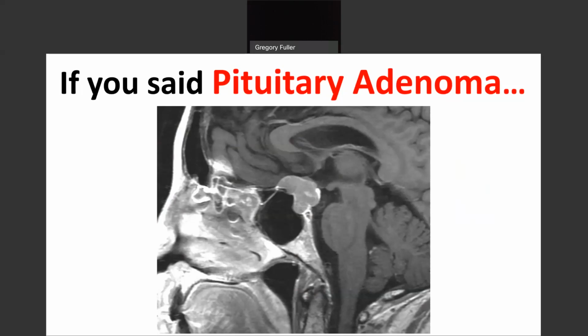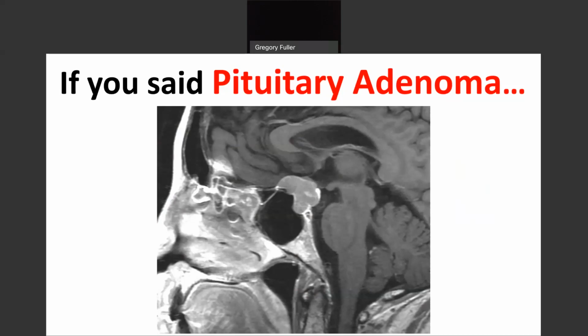Why would they make a rostral turn and start heading upstream instead of just expanding straight up and compressing the optic chiasm like they're supposed to do? The ice cream cone sign, the snowman sign. This is not a snowman, an inebriated snowman maybe. All right, that should give you pause before you go with that.